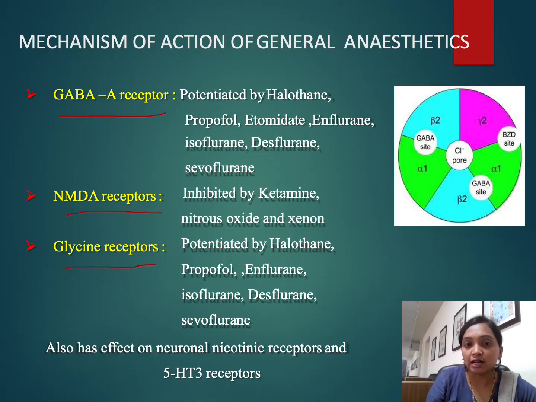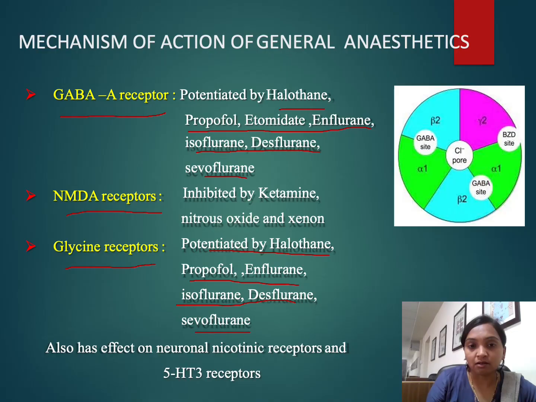Drugs which potentiate the action of GABA are halothane, propofol, etomidate, which are IV general anesthetics, and fluorinated anesthetics, that is enflurane, isoflurane, desflurane, sevoflurane. All these potentiate the action of GABA, and also halothane, propofol, enflurane increase the sensitivity of glycine receptors to these anesthetics, that is they enhance the glycine mediated inhibitory action.